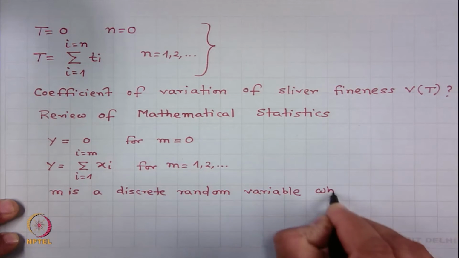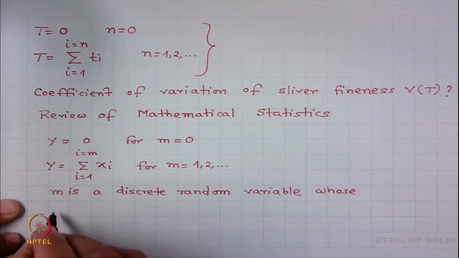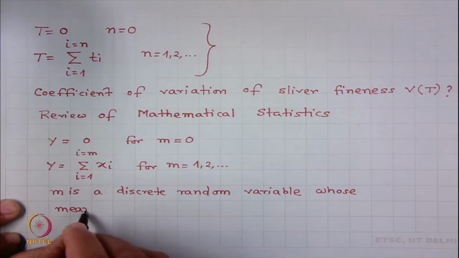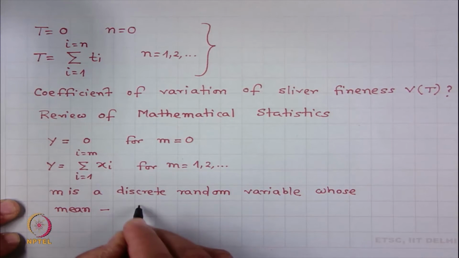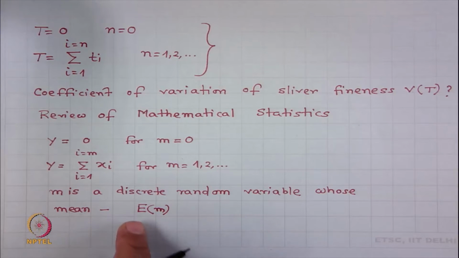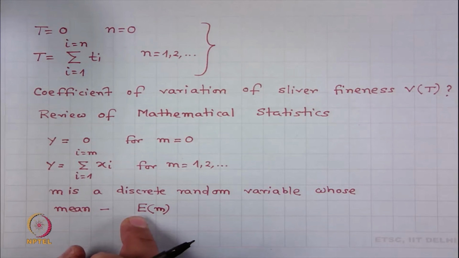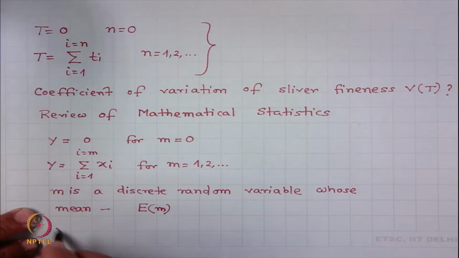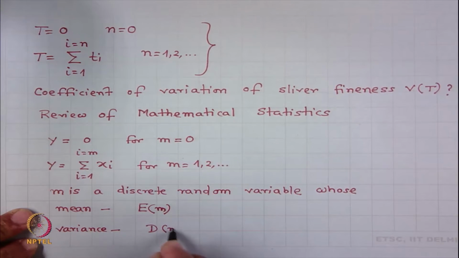Whose mean we denote by expectation of m. E stands for the operator of expectation, and variance we denote by D m.